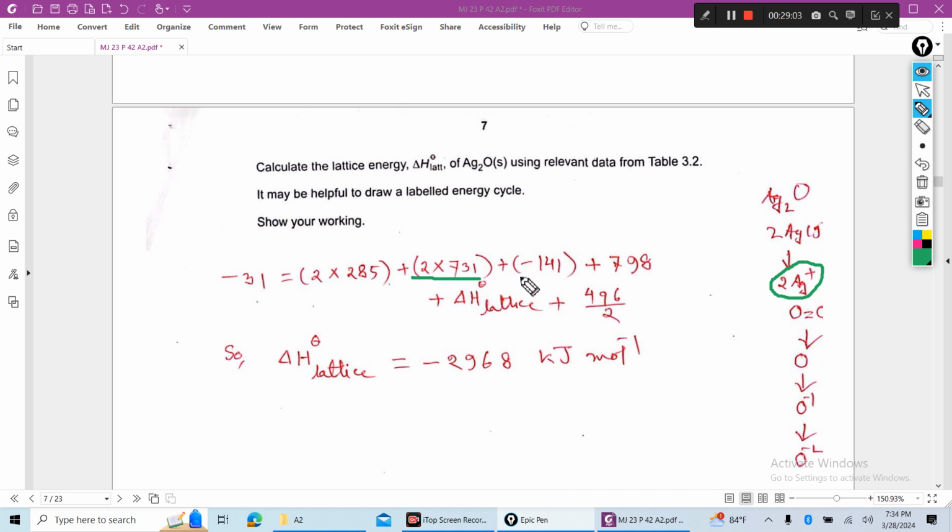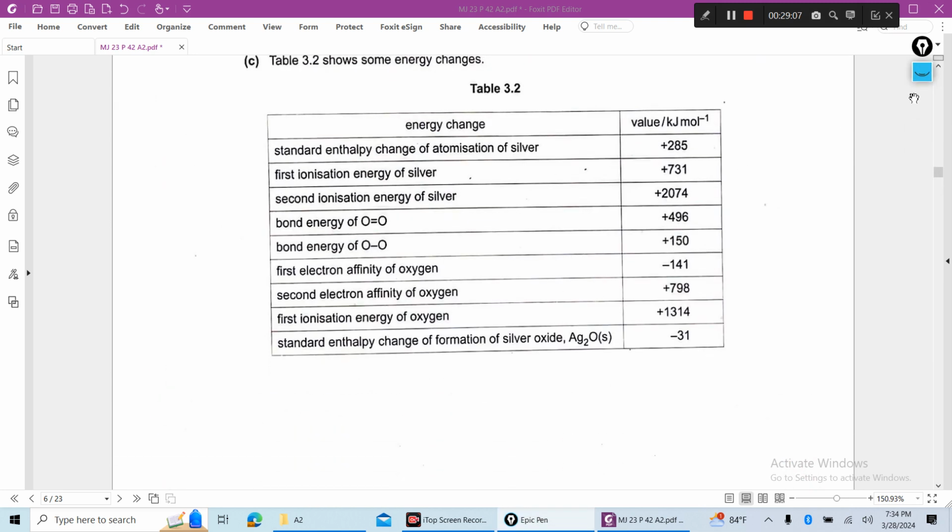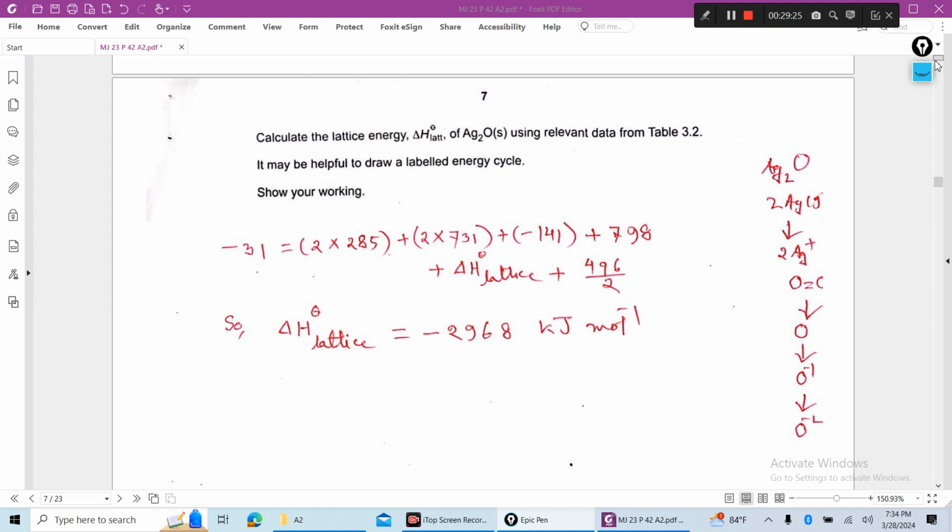Then -141 is the first electron affinity of oxygen, and 798 is the second electron affinity of oxygen, plus lattice enthalpy.